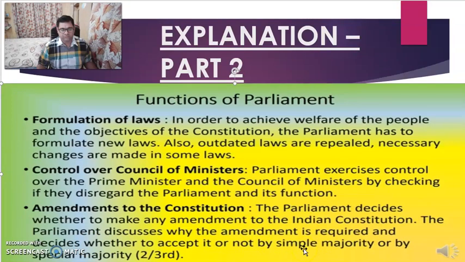And how? By either a simple majority or by a special majority, which is 2/3 members. Okay, so the Parliament has the right to make changes in the Constitution, and it discusses why the change is needed, and should they accept it or not, and how they should accept it.